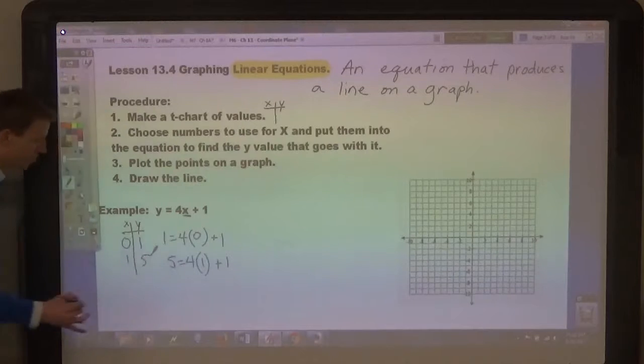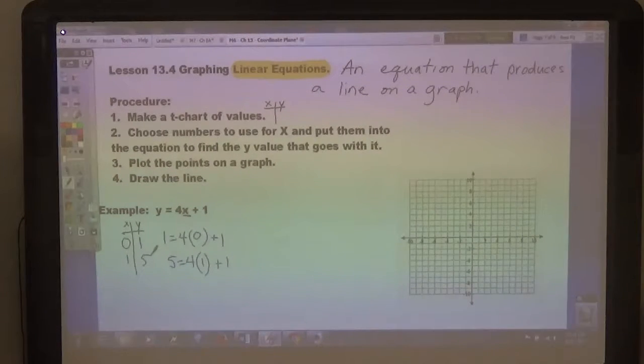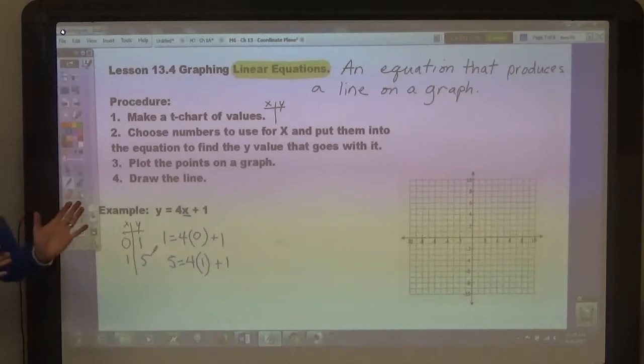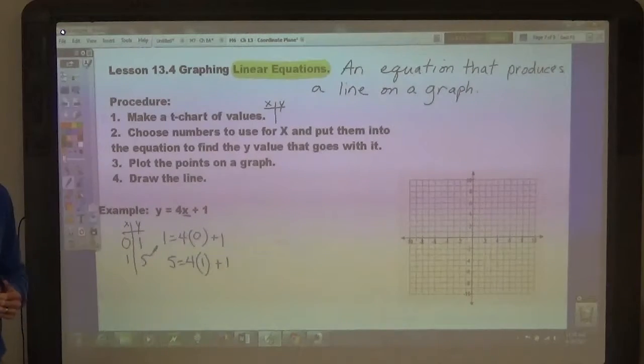Now we have 2 points that we can put on the graph. And anytime you have 2 points, you can draw a line. Now, let's do another point just to check and make sure that we're doing this right. If you have 3 points and all 3 line up, it's a way of checking yourself.